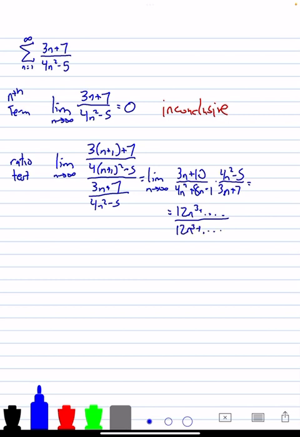Just due to the space that I have, we're not going to go into that. But once again, 12n cubed over 12n cubed, we look at the highest degree. That would be 12 over 12, which is equal to 1. So once again, by the ratio test, it's inconclusive. So next, we want to look at the limit comparison test. We're almost out of tests that we can use. So let's look at the limit comparison test.